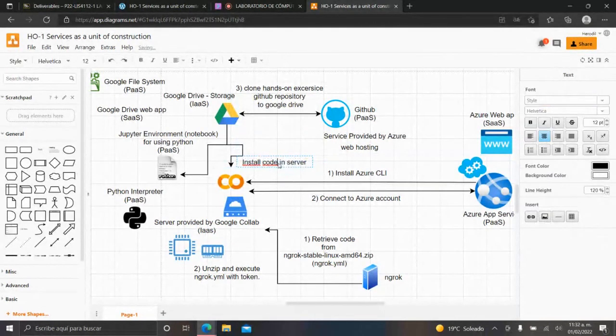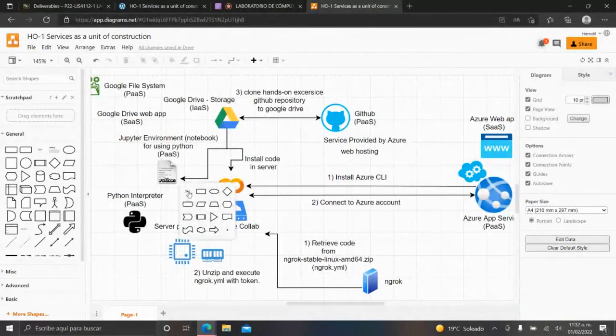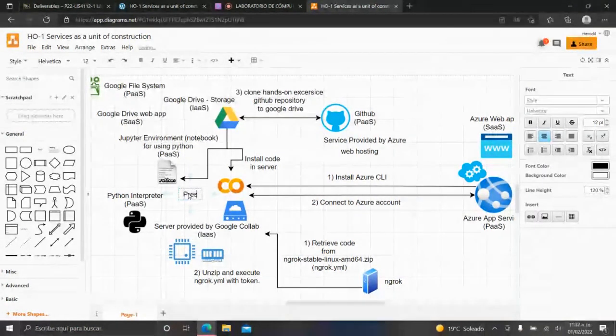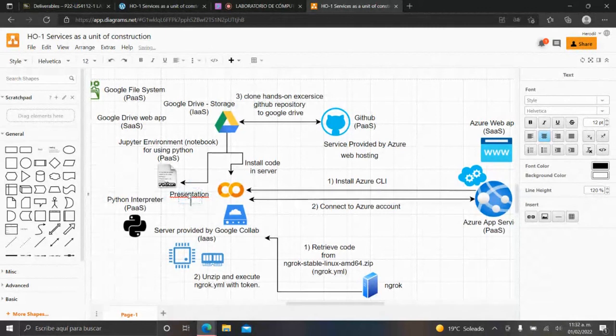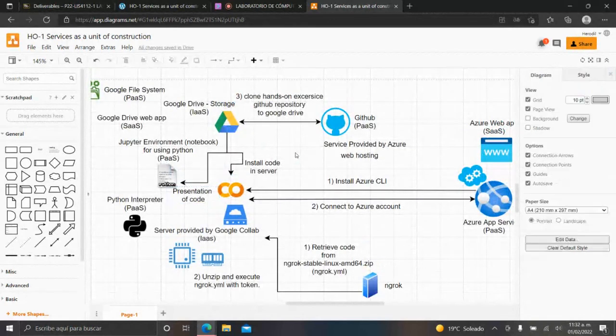And the notebook is just to present the code, right? Yes, the notebook is the presentation of the code. It's like if you open some editor, the code. Okay, I remember now, but in the future I will forget.